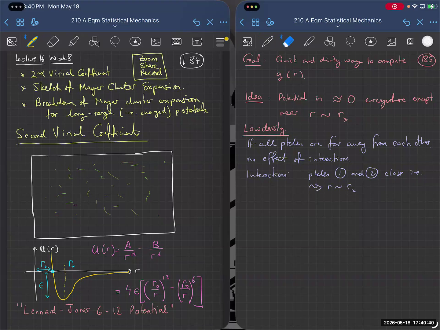And then also particles 1 and 2 are going to be far from the other particles. So this sort of configuration will dominate the integral.